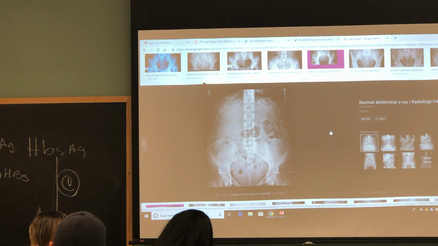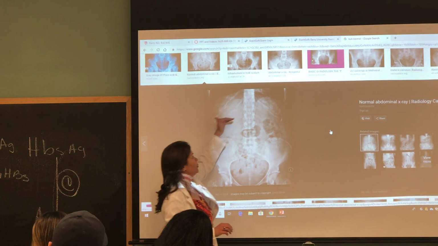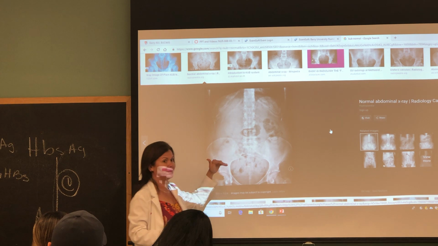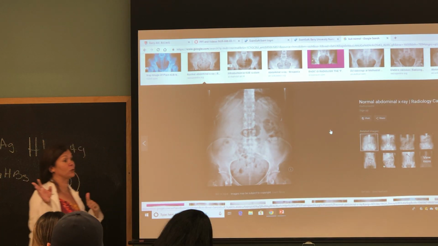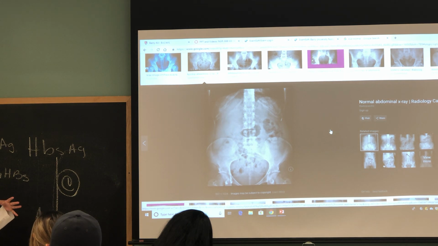Okay? But what you could not see at all is levels of fluid in your abdomen. Okay? And another pattern that I'll show you, not next week, the following, the second part of GI, which is part of obstruction. The small intestine versus the large intestine obstruction. Okay?